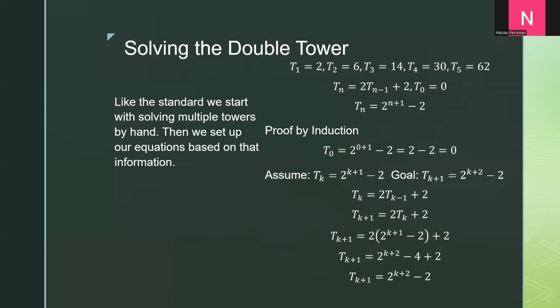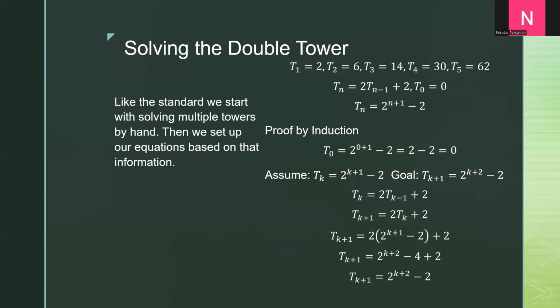So in order to prove that with induction, we need to make sure that our base case is still correct for our second equation. So we set n equal to 0 for the second equation, which means that T sub 0 equals 2 to the 1 minus 2, or 2 minus 2, which equals 0.